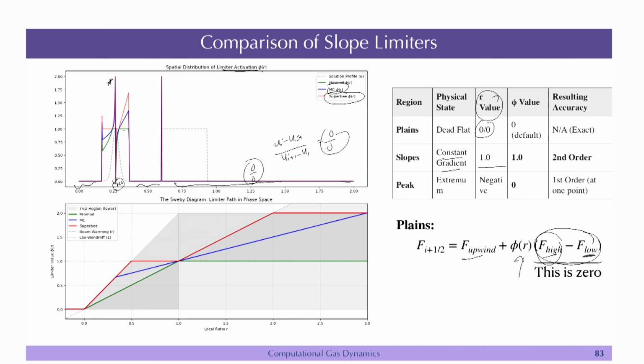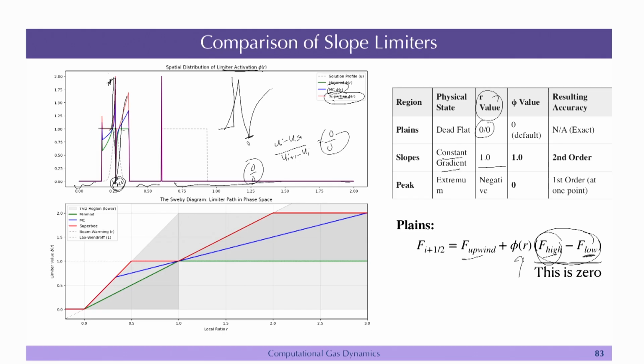But it has to go to 0 at the peak or the valley. So, you can look at the distribution here. The MC goes like this and goes like this. And this is the 0 value. If you look at the super B limiter, it goes very high to 2, then drops very fast and then goes up.